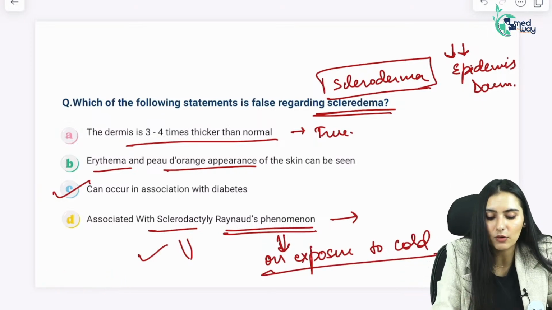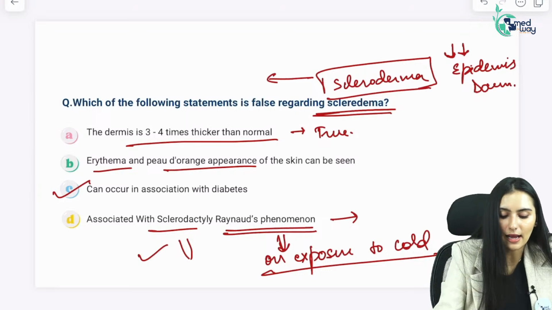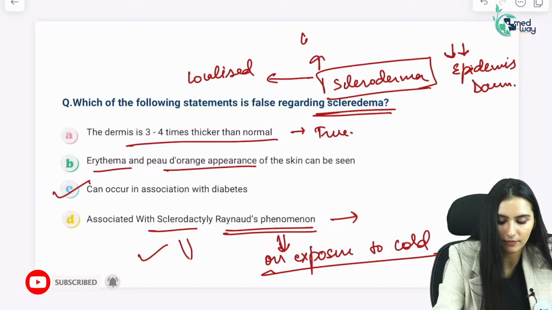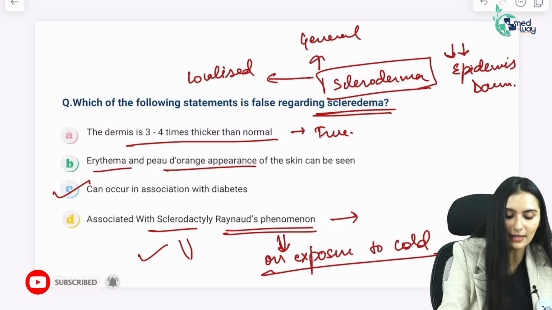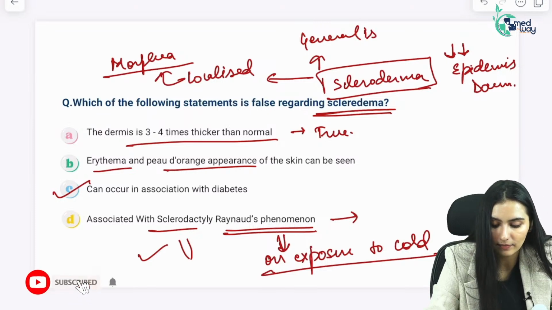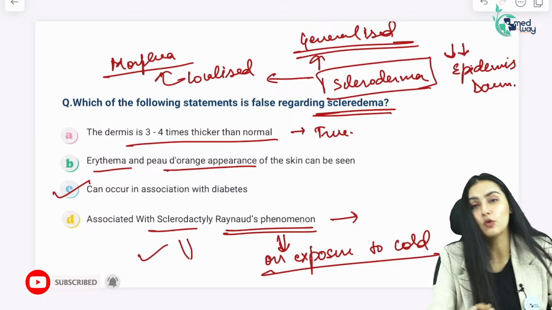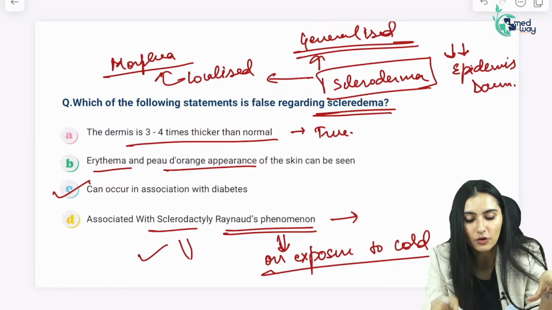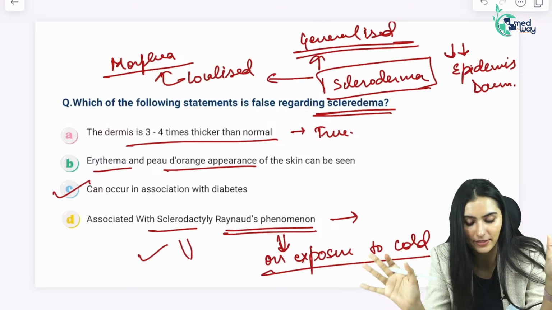When you say scleroderma, you think it can either be localized or generalized. Localized is called morphea and generalized is going to involve the whole body. Again, that is going to be limited systemic sclerosis or generalized systemic sclerosis.